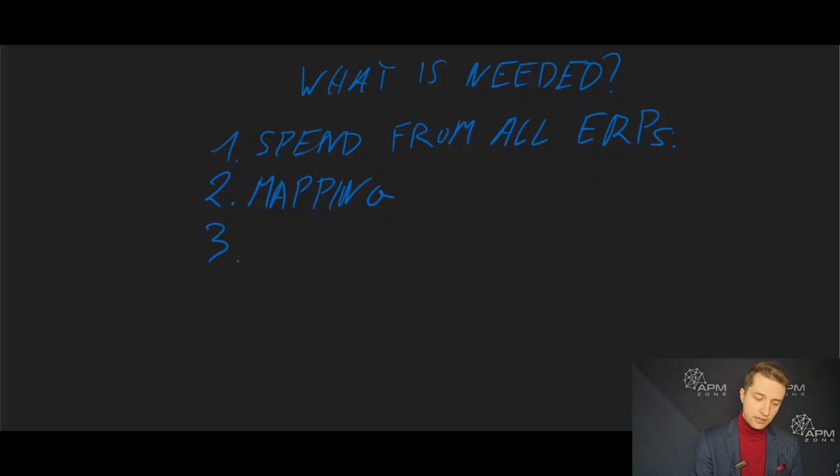Some kind of categorization. I have mentioned TBM, which is a standard, and of course it's a lot easier to use the standards. However, to make your life easier, you can also start with something more simple, like maintenance, investments, people, or something like that.